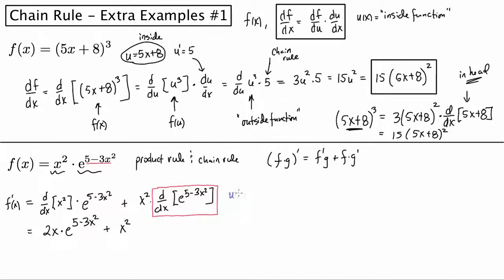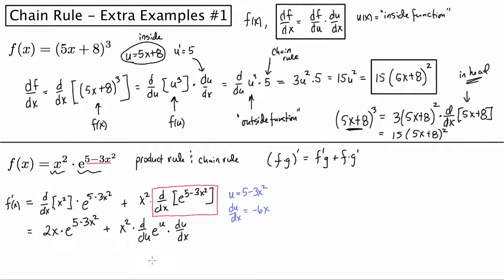My substitution here is going to be u is 5 minus 3x squared, so that the derivative of u is negative 6x. If I make that substitution, then by chain rule, this becomes the derivative with respect to u of e to the u times the derivative of u with respect to x.